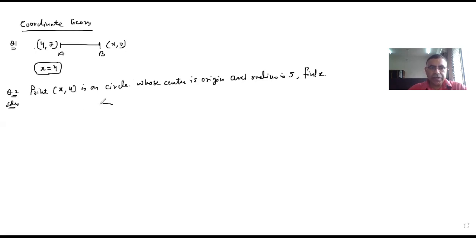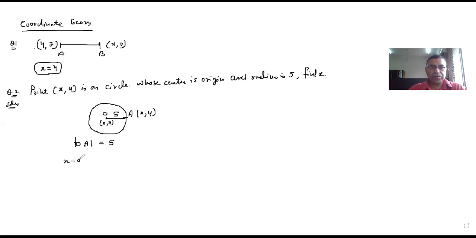Now, the situation is like this. This is a circle with center at the origin, so this is 0 and 0. This is the point A on the circumference. This is (x, 4). And this radius is 5. So OA is 5.